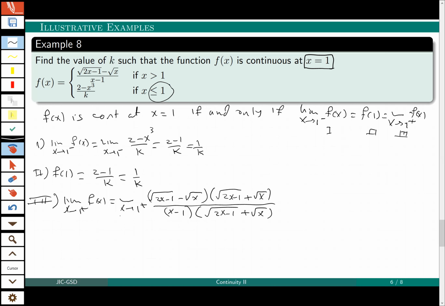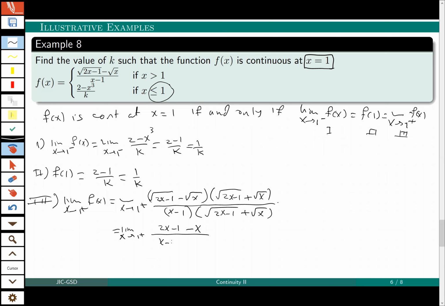So that will be equal to the limit when x goes to 1 from right, square of the first, which is 2x minus 1, minus square of the second, which is x.